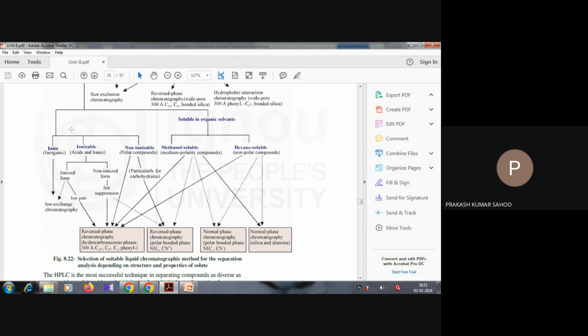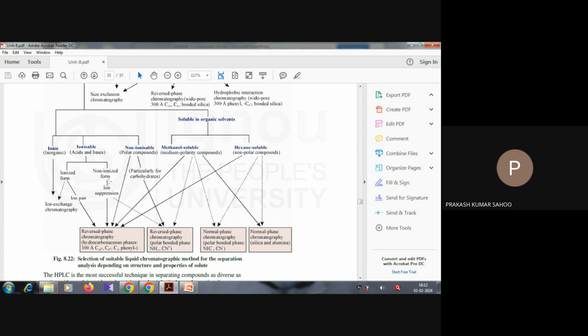Under the ionic part, the ion exchange chromatography can be applied for ionizable, that is acids and bases. It is ionized form and non-ionized form. For ionized form, again the ion exchange chromatography. If it is ion pair, then a reverse phase chromatography is applied.